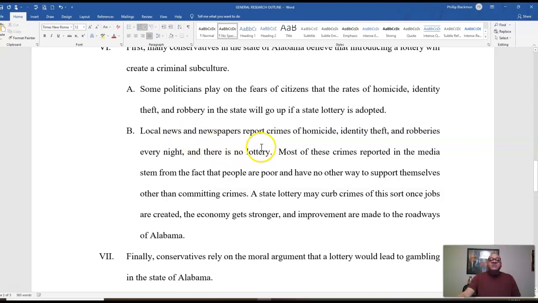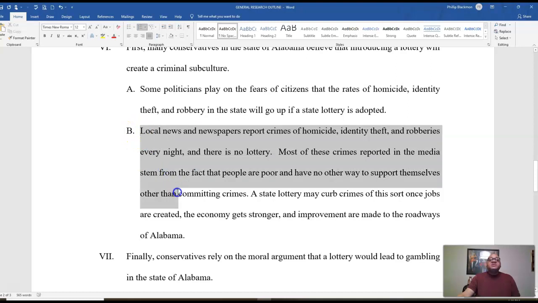Local news and newspapers report crimes of homicide, identity theft, and robberies every night, and there is no lottery. Most of these crimes reported in the media stem from the fact that people are poor and have no other way to support themselves other than committing crimes. A state lottery may curb crimes of this sort once jobs are created, the economy gets stronger, and improvements are made to the roadways of Alabama.